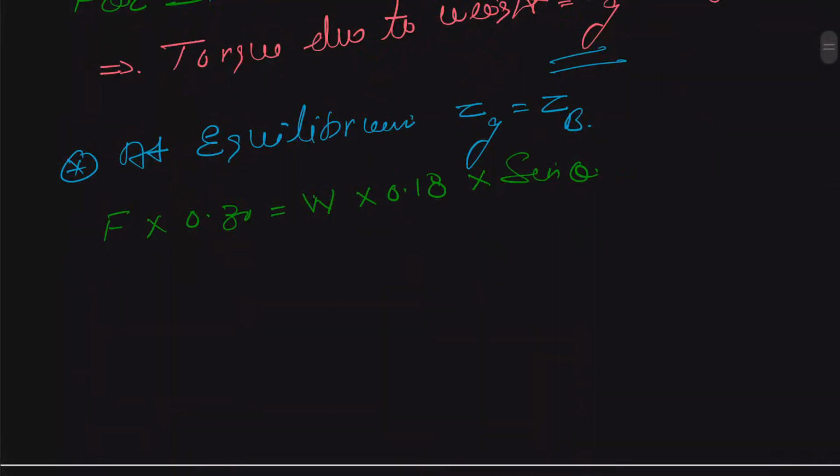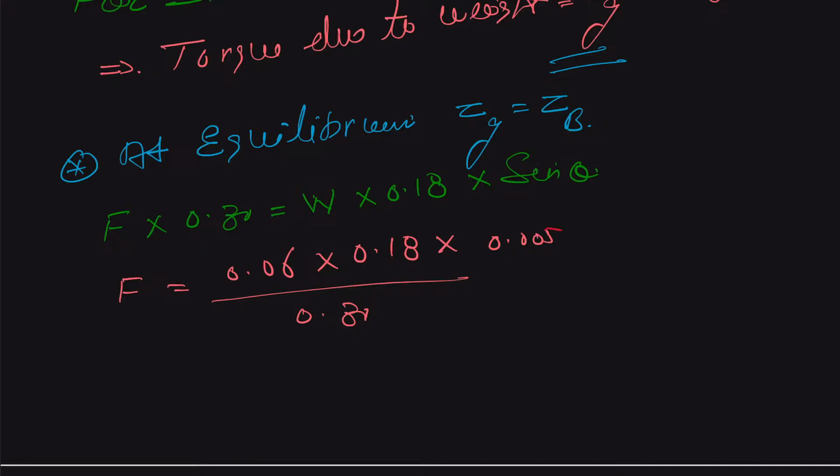Okay, so let us substitute it. So we get F is equal to 0.06 multiplied by 0.18 divided by 0.30, and sine of theta is 0.005 upon 0.30.